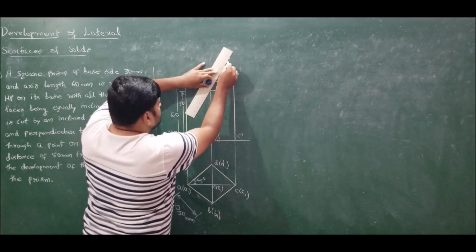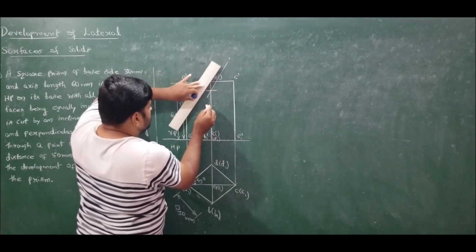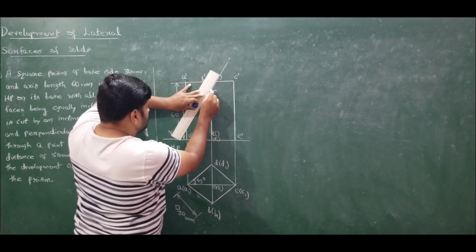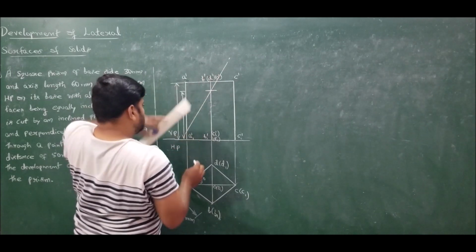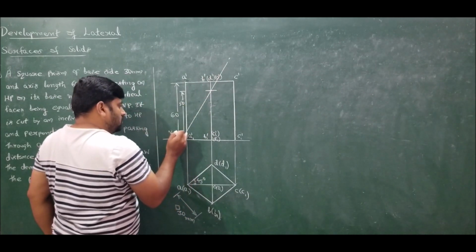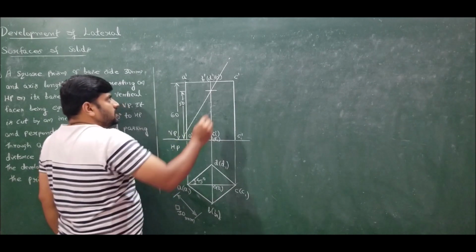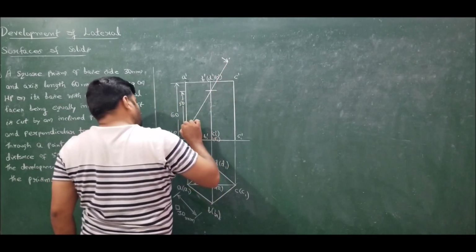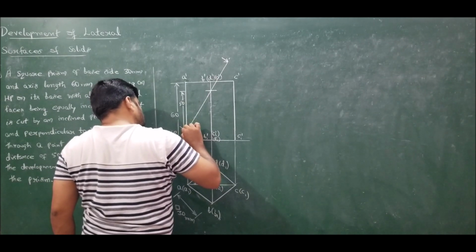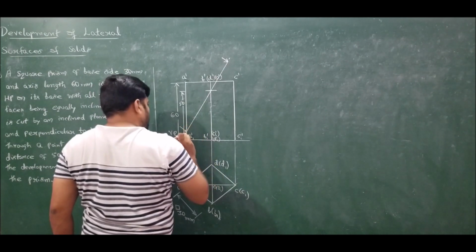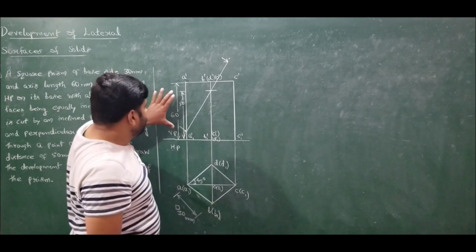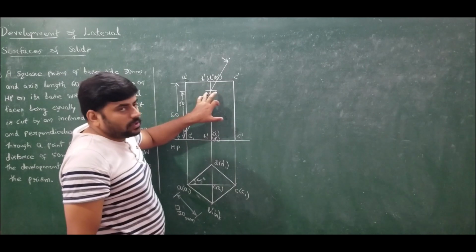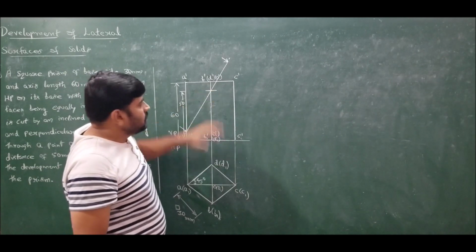So draw the cutting plane. So this is the cutting plane making an angle of 60 degrees with the horizontal plane and passing at a distance of 50 mm above the base at a point on the axis O1 dash O dash.